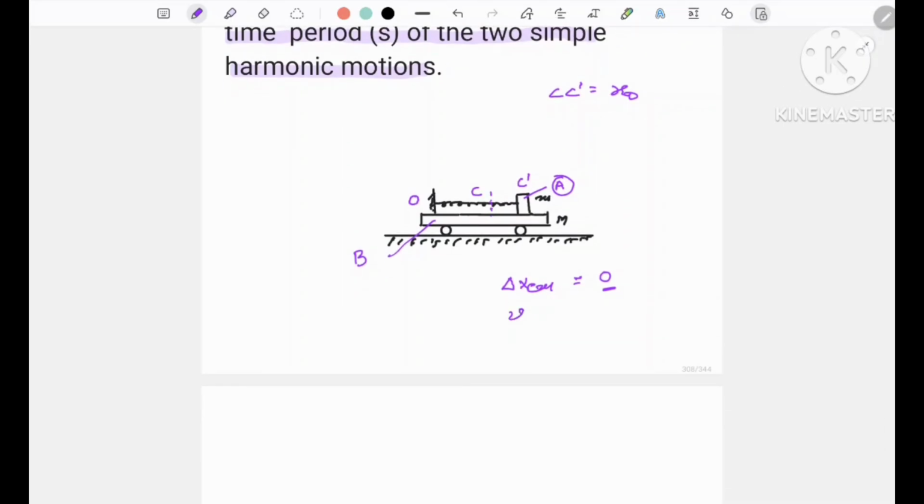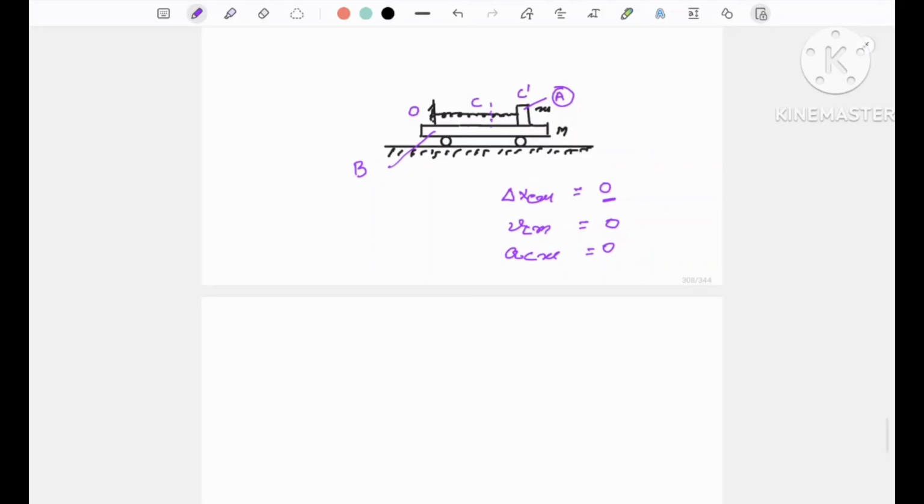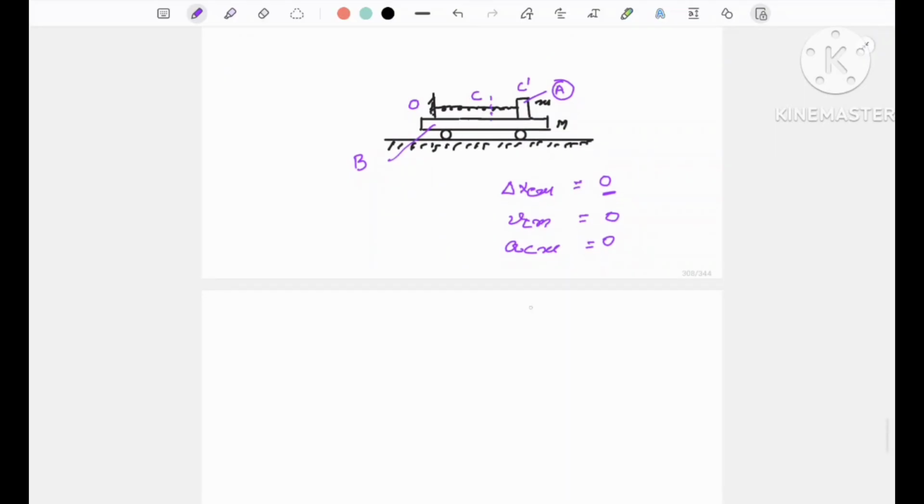And v cm, the velocity of center of mass, will be 0, and the acceleration of center of mass will be 0.